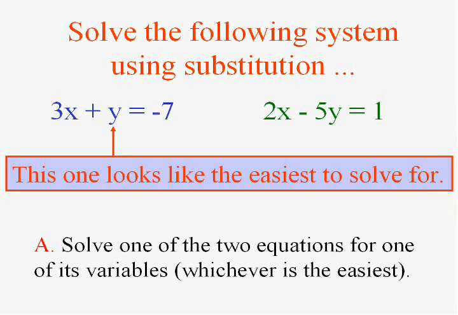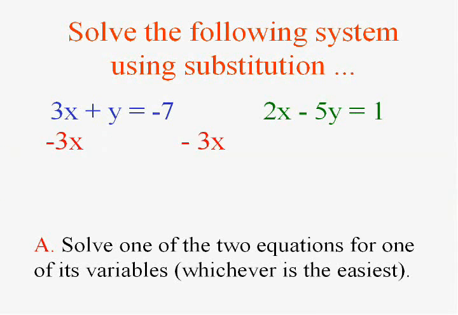I wouldn't have to divide or anything. So he's the easiest to solve for, and that's what I always pick. Now who's keeping him from being alone? The 3x, so I'll subtract 3x from both sides, and I'll have y equals negative 7 minus 3x.